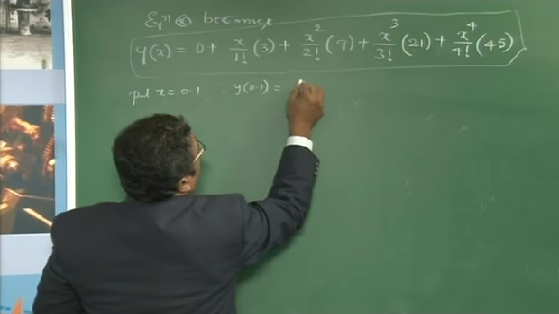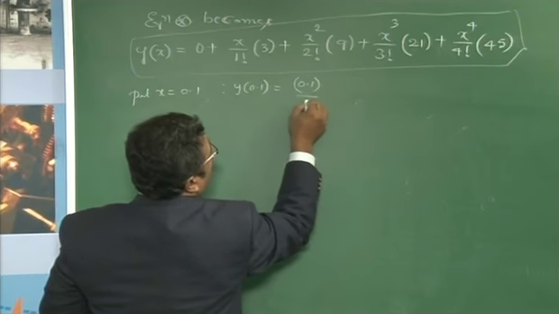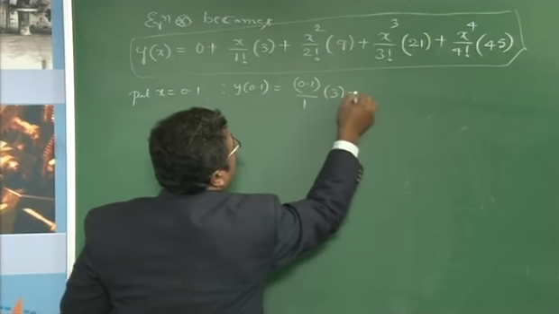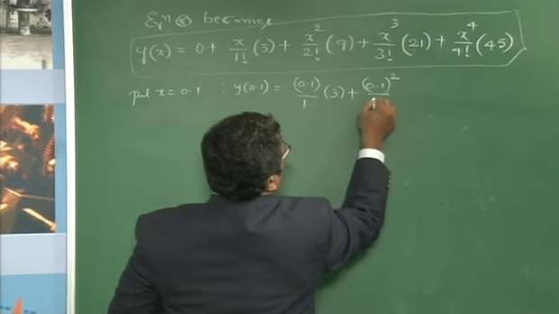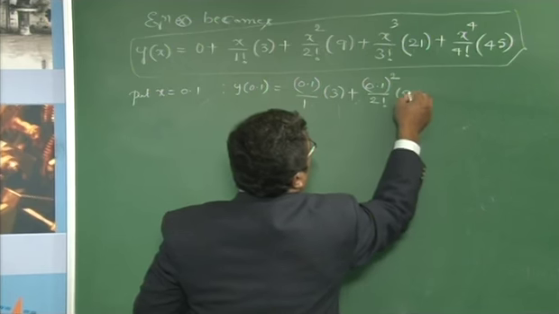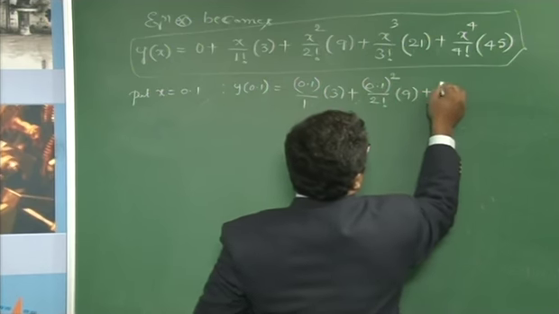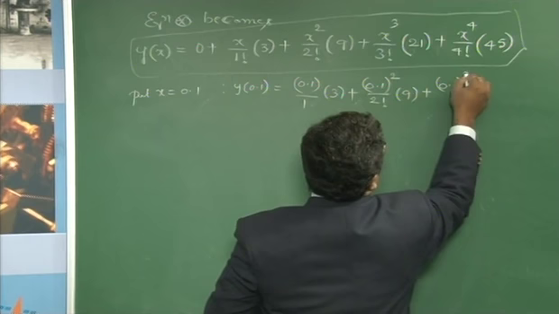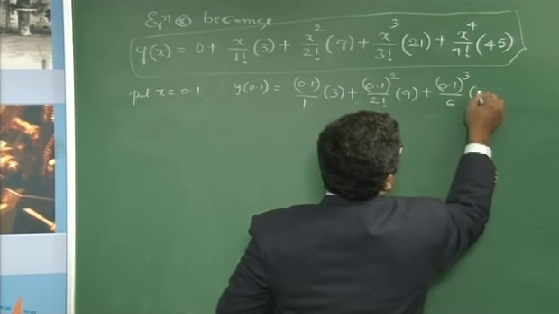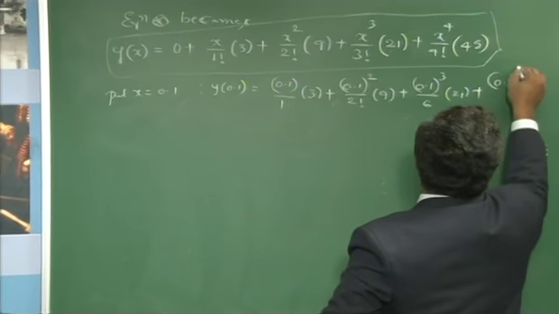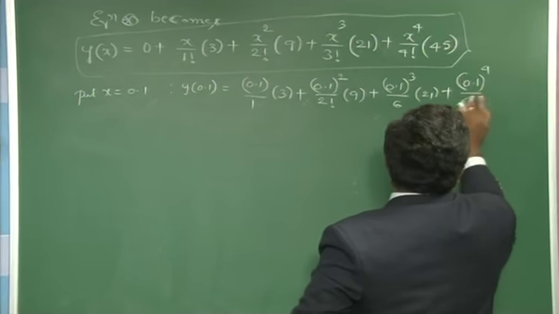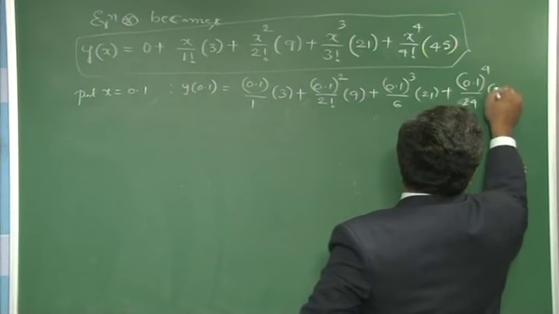It comes like that: 0.1 by 1 factorial is 1 into 3 plus 0.1 whole square by 2 factorial into 9 plus 0.1 whole power 3 by 6 into 21 plus 0.1 whole power 4 by 24 into 45.